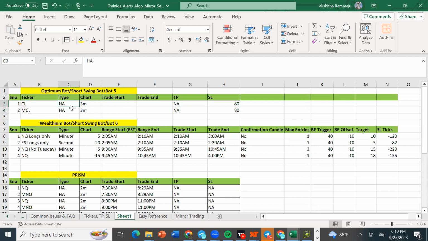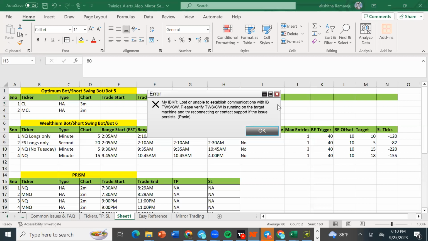We'll be using Heiken 3 minutes, and we can use it throughout the day. You don't need to stop it. It will take both long and short. You can have a stop loss of 80, and then you can disable the TP, and you can run across the day.